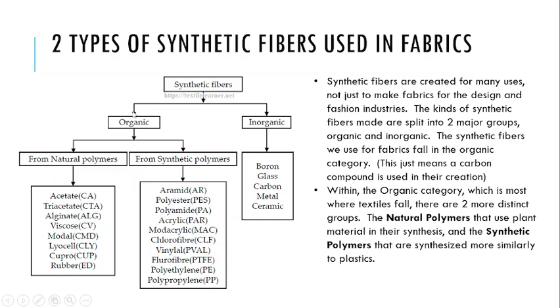From there, we are split again into two different groups, the natural polymers and the synthetic polymers. Now, don't be confused, because natural polymers are not considered natural fibers. They are still considered synthetic fibers. It is just that their base comes from a natural source, such as wood pulp.